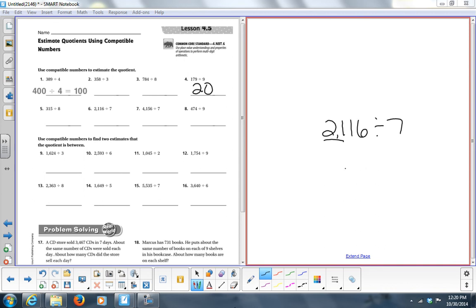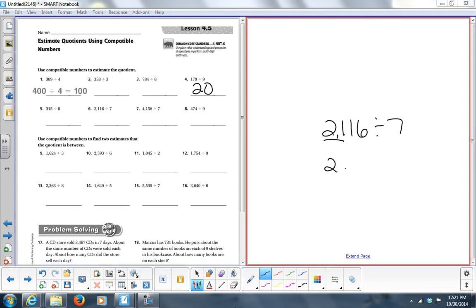21 is divisible by 7. So what can I do with that? Jenna. So I'm going to go down to 20. No? Heather. Well, never mind.